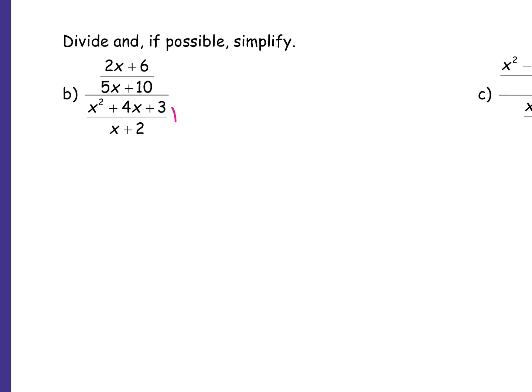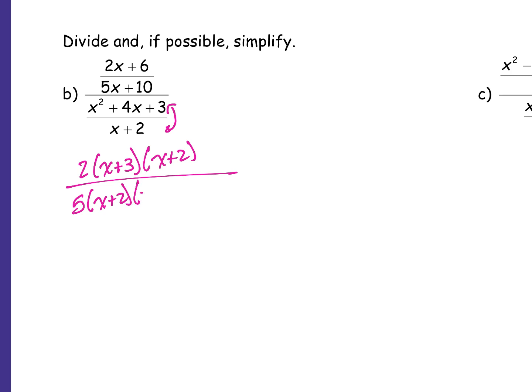Remember, I'm going to take this one, I'm going to flip it, right? So the top becomes the bottom, bottom becomes the top. So if I take a 2 out of the top, I get x plus 3, and then x plus 2 when I flip it. And my denominator is going to become, take a 5, and I factor the 5 out, and I get x plus 2.